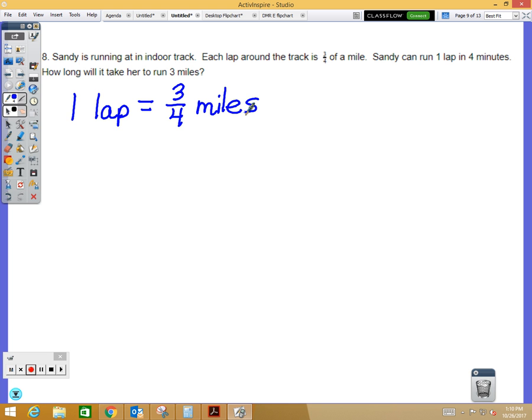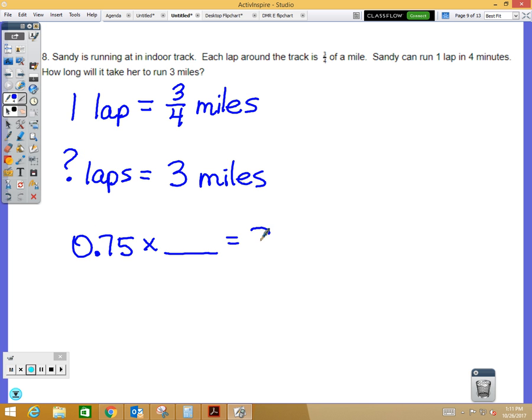And I want to know how many laps it's going to take to run 3 miles. Basically what I want to know is how many 3/4 will I need to equal 3 whole. Now if you want to use Cody's idea of changing these into decimals, you can. This would be 0.75, wouldn't it? 3/4 is 0.75. 0.75 times what is going to give you 3?